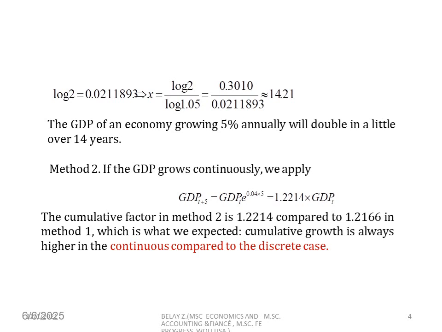That means cumulative growth is always higher in the continuous compared to the discrete case. We have seen this by graph on our first page. On our graph, GDP growth of continuous, which we have shown by the yellow line, is greater than that of the blue line, or that of discrete values.